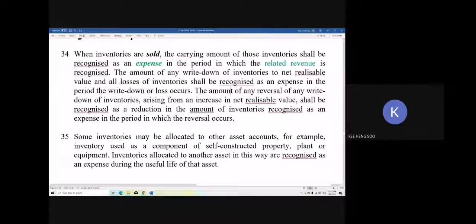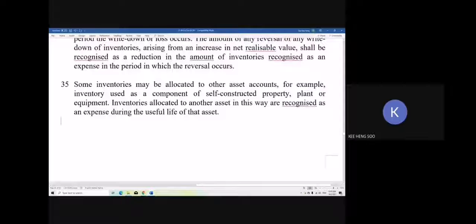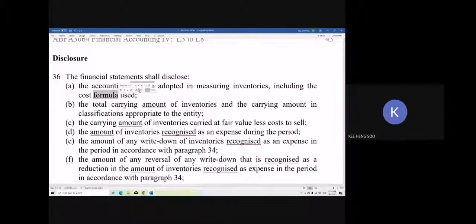Also, I said this is important. Carrying amount of the inventory.